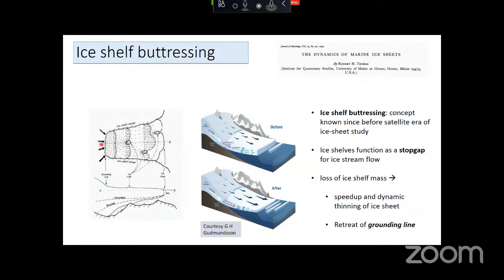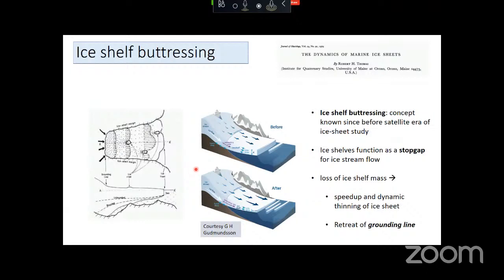And that means that removal of these ice shelves, or even a part of them, can lead to speeding up of this ice. That's what's called ice shelf buttressing, or rather the loss of, that's what's referred to as the loss of ice shelf buttressing.